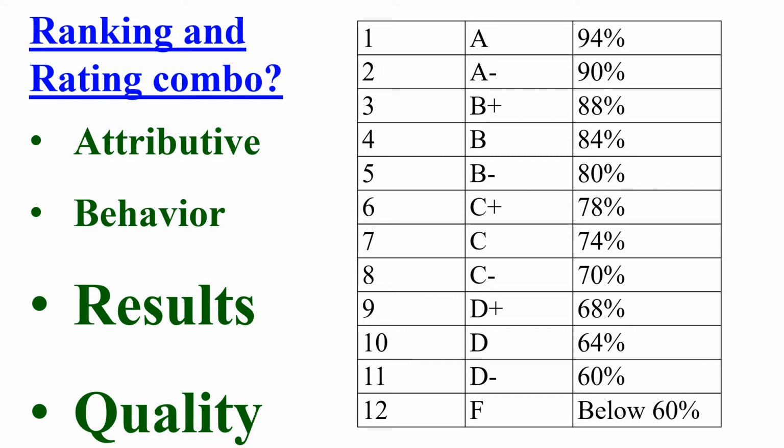So I'm starting with a quantity, which would be quality, and then looking what you actually achieve. And hopefully I get a result. Believe it or not, your rating scale is more of a results and quality combo. So think about it. You might use more than one method.